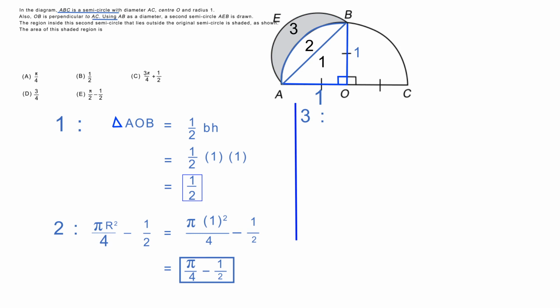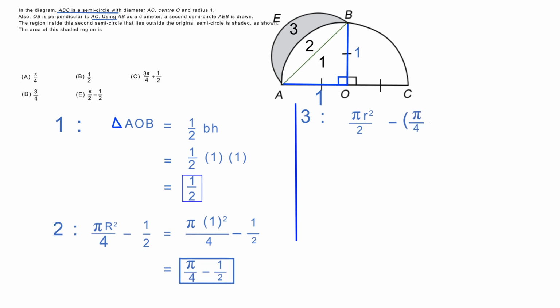And if we do that, we will have our shaded region, which is region 3. So here we go. It's the area of the semicircle, so pi r squared divided by 2, right? Half of a circle, minus region 2. And region 2 we got over here was pi over 4 minus 1/2. All right, don't forget the brackets.